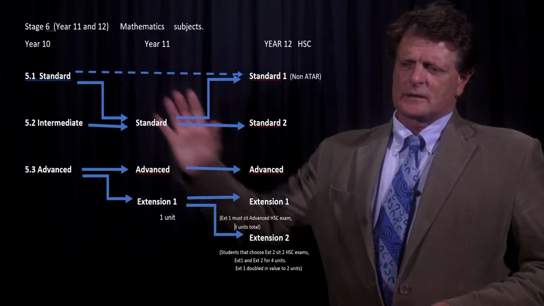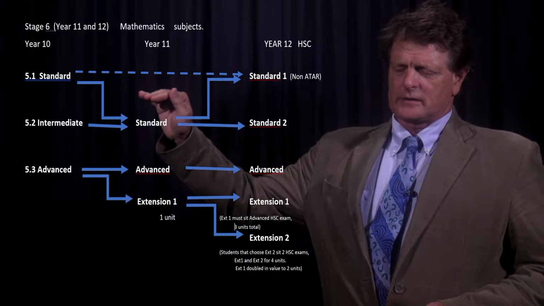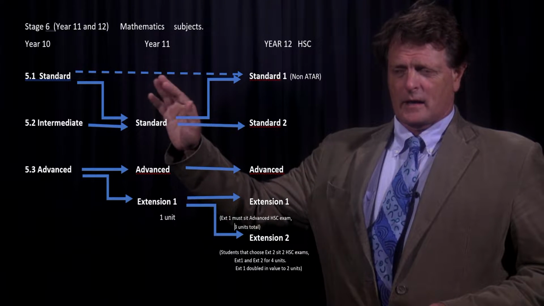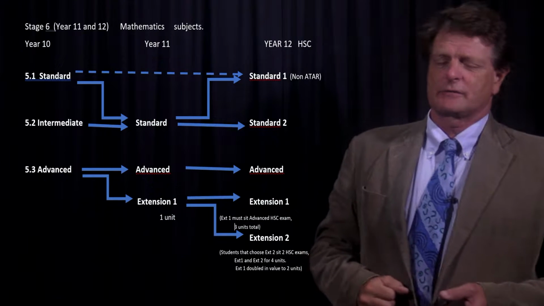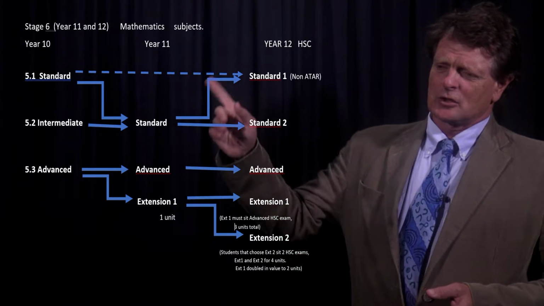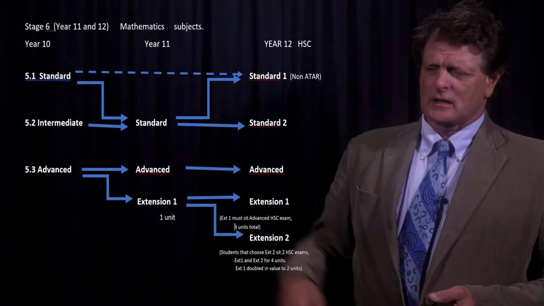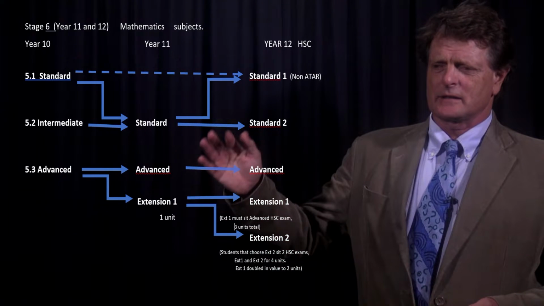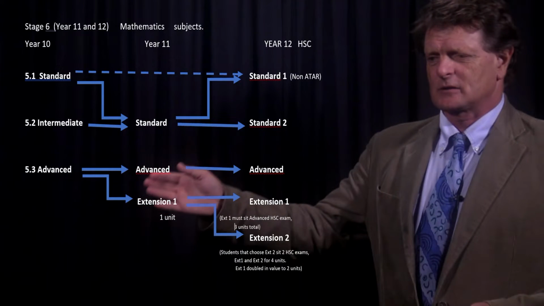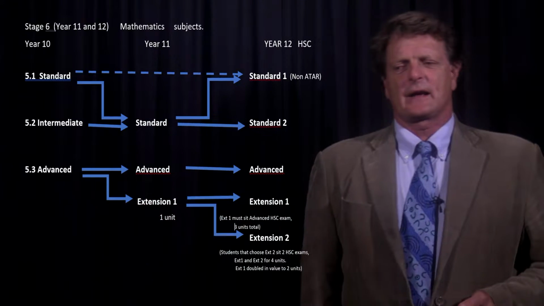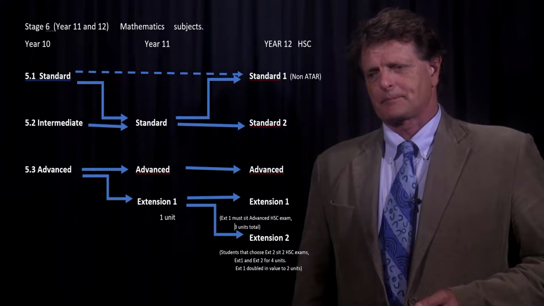The Standard course in Stage 5, Year 10, or the intermediate course, their preparation designed for Standard. You really are not in a situation to take Advanced. There's whole topics that aren't in even the intermediate course, which are in the Advanced course in Year 10, that prepare you for that Year 11 Advanced course.